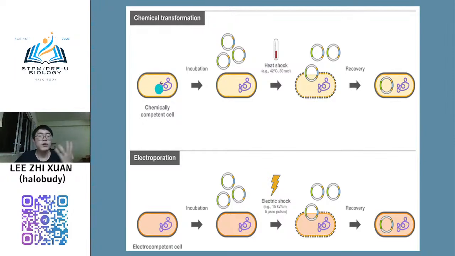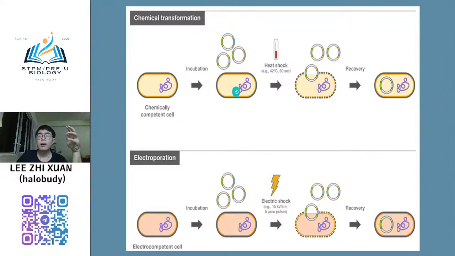As we know, the bacterial cell contains a cell wall made of peptidoglycan, which you already learned in semester 1, the prokaryotic structure. We know that it contains the cell wall and also a capsule. So it is not very easy to insert foreign material, because the bacterial cell wall blocks it.